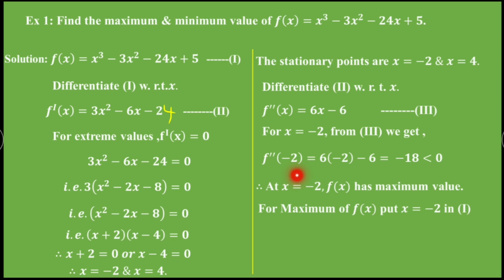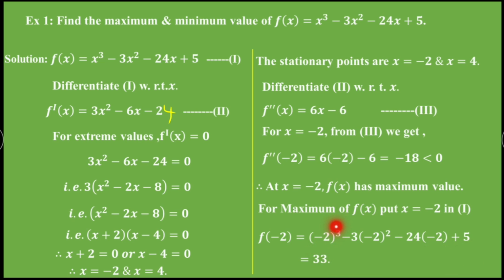To calculate the maximum value we have to substitute x equals to minus 2 in the given function, that is in equation 1. For maxima of f of x, put x equals to minus 2 in equation number 1. Here we replace each x by minus 2. So we write f of minus 2 equals minus 2 cube minus 3 into minus 2 square minus 24 into minus 2 plus 5.